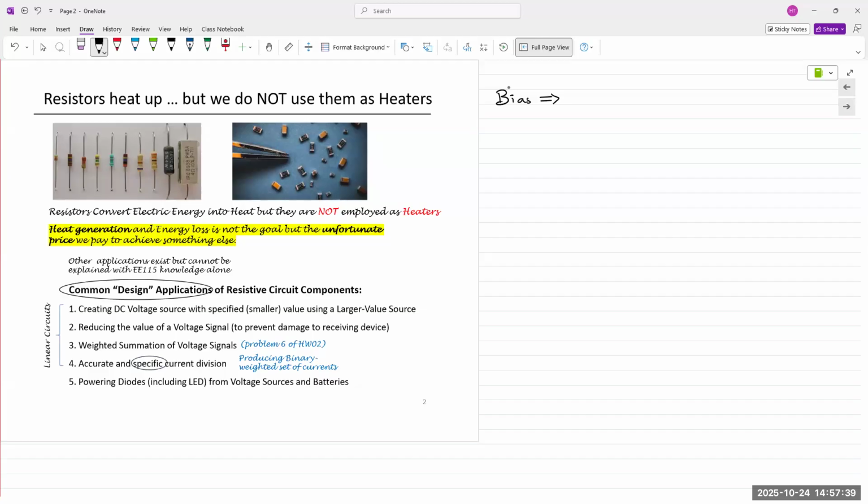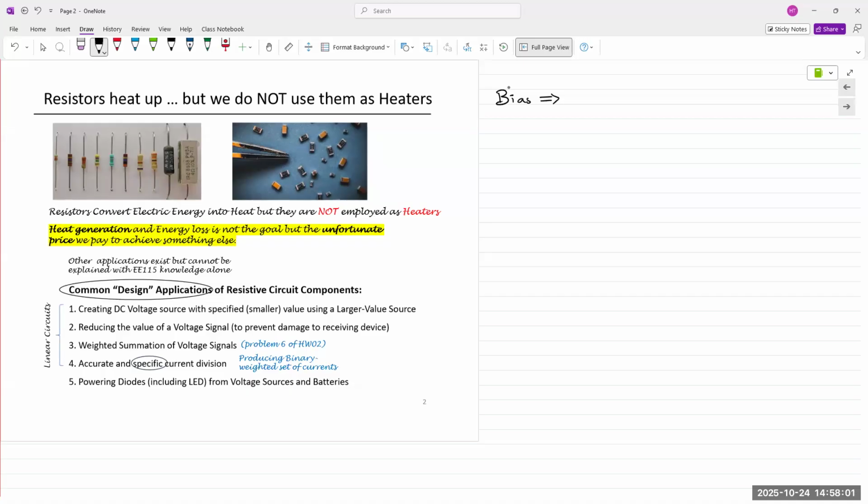Resistors dissipate electrical energy as thermal energy, as heat. It is an unfortunate byproduct of energy conversion. Electrical energy is converted into thermal energy. We use this property in electrical and electronic circuits.